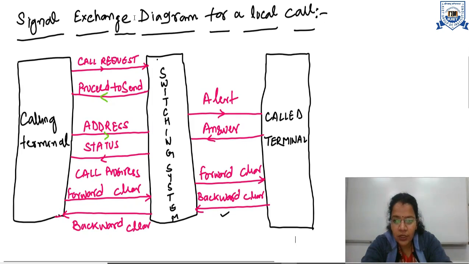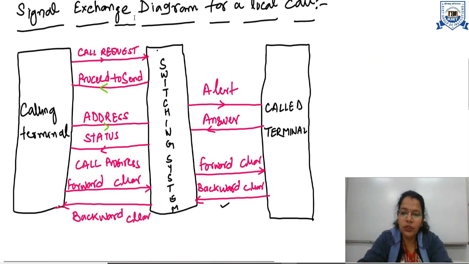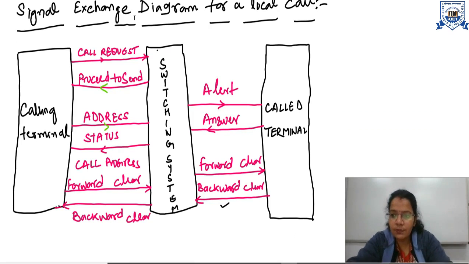Next, the caller responds to the answer signal by commencing the conversation, and then there is a backward clear signal in response to a forward clear signal, or vice versa.